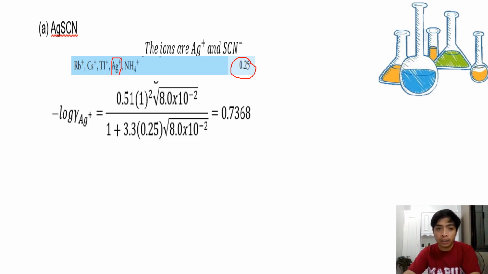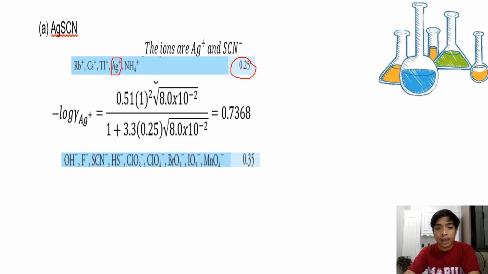Substituting it in the equation, negative logarithm of the activity coefficient of the silver ion is equal to 0.51 times the charge of the ion, which is 1 squared, multiplied by the square root of the ionic strength, which is 8.0 times 10 to the negative 2, all over 1 plus 3.3, multiplied by the effective diameter 0.25 times the square root of 8.0 times 10 to the negative 2. From the calculation, we will obtain 0.7368 as the activity coefficient of the silver ion.